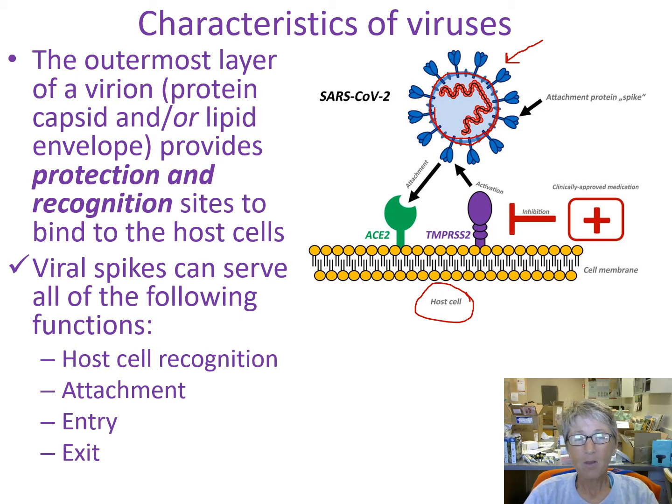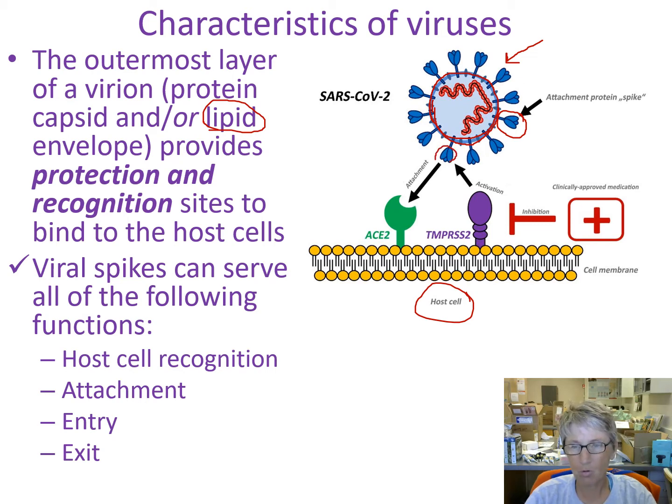And if you had something superficial to the capsid, that would be the lipid envelope. Okay, so in this cartoon, the lipid envelope, whatever structure contains these spikes, would provide protection and recognition sites to bind to the host cell.